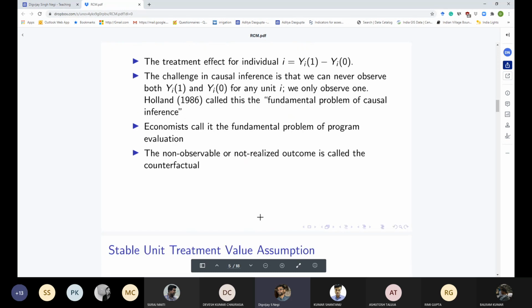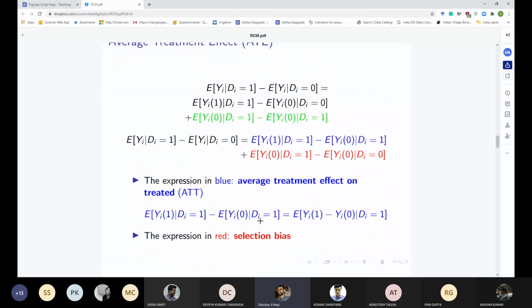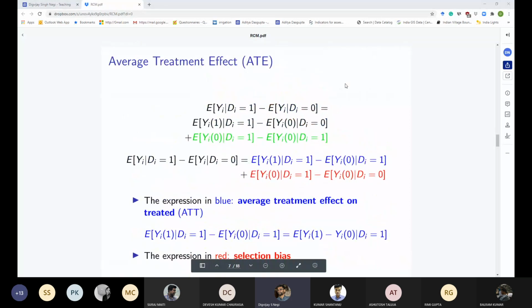So you are right. It's not logically inconsistent, but in the real world, of course, you will never observe this. It has been done this way to conceptually separate the treatment effect part from the part which is due to selection.